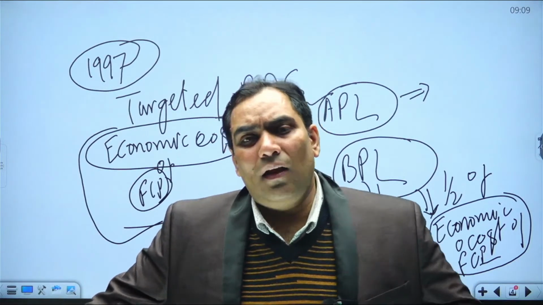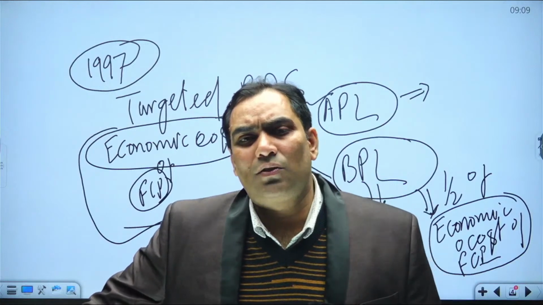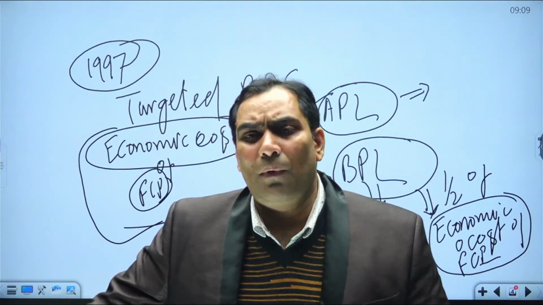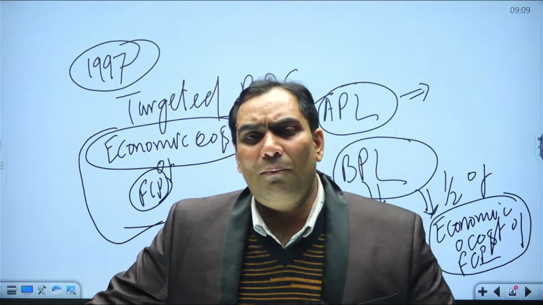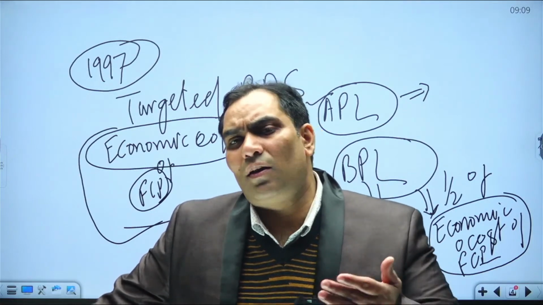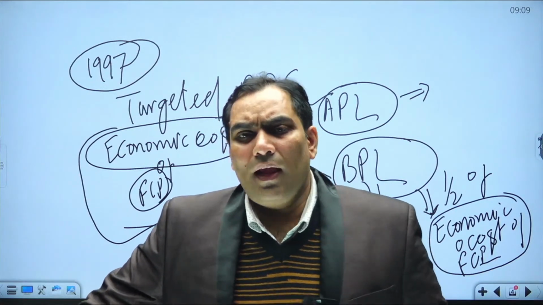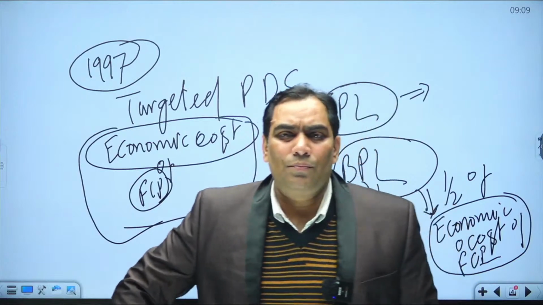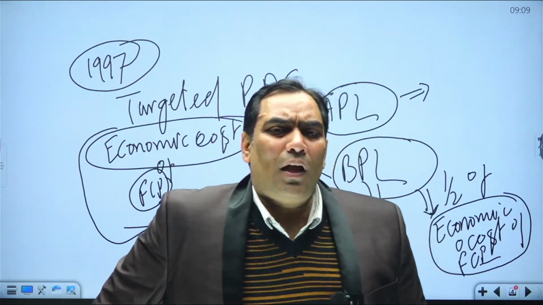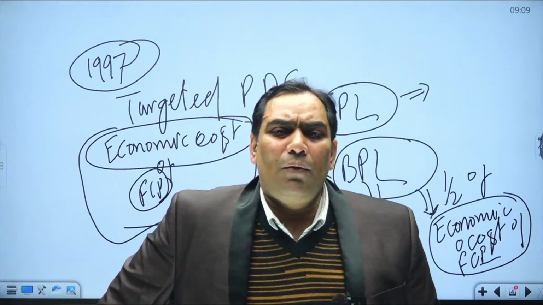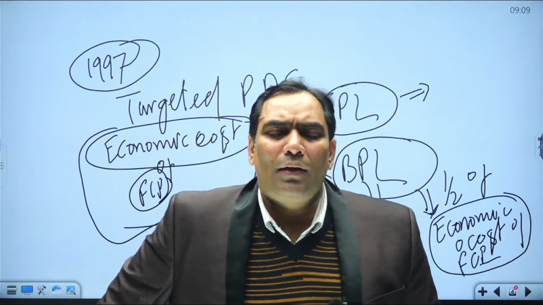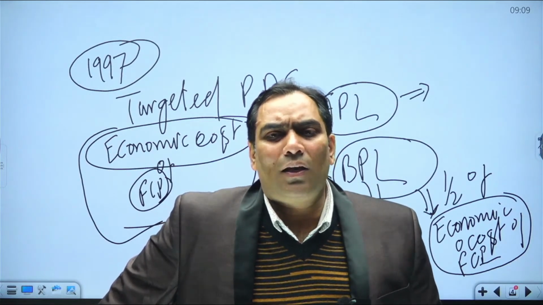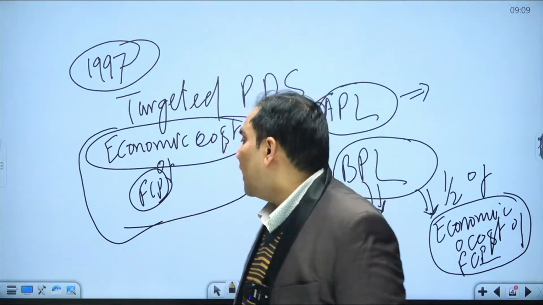That we divided: those who are above the poverty line, that means the individual who is not in poverty, not in poor condition, and the people who were poor, that means who were below the poverty line, they were entitled to get food grains under the TPDS at half of the economic cost.